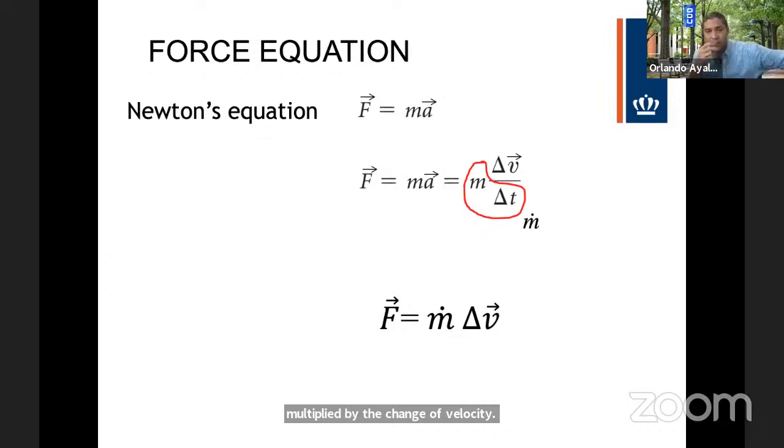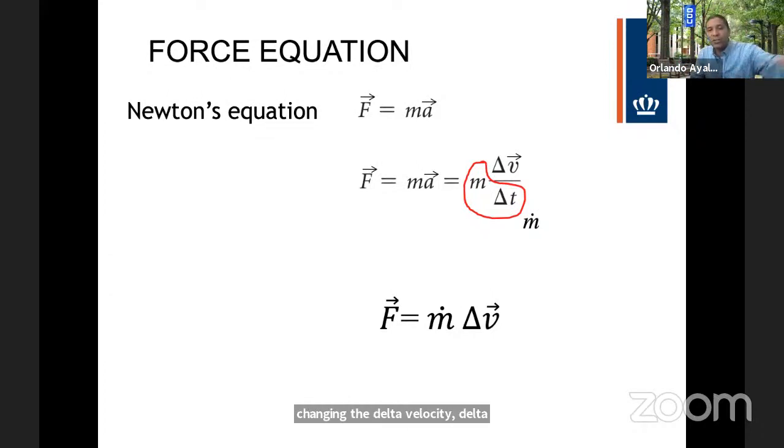That means I can change the force by changing the mass flow rate. That's one way of doing things. But I can also increase or reduce the force by changing the delta velocity, delta V.